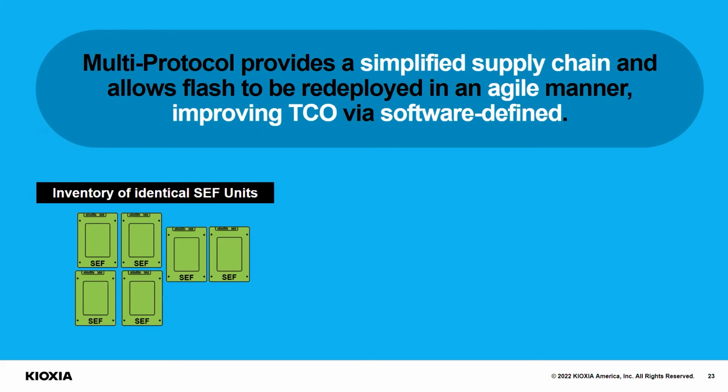Now, the multi-protocol capability allows the individual Ceph units to speak different protocols and reconfigure as needed without any hardware changes, without requiring different hardware. This results in a simplified supply chain and one type of drive that can change to meet your needs instead of having to worry about multiple drives for every individual need.